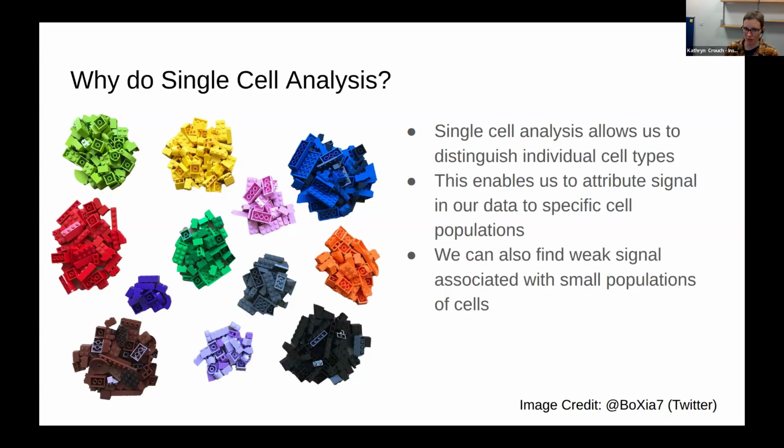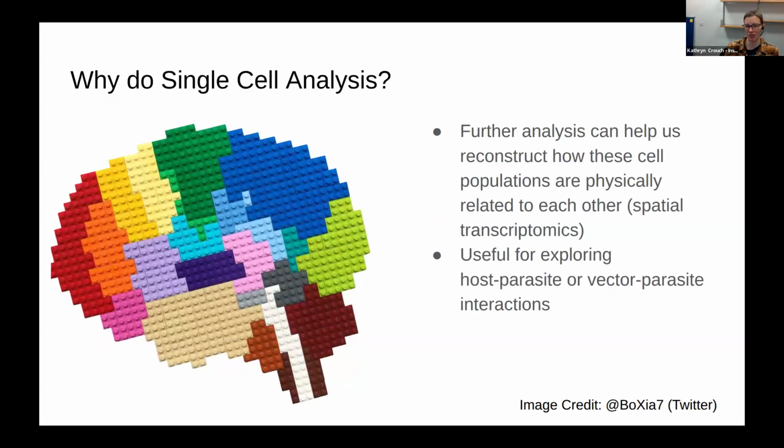So one thing that you may have heard about is spatial transcriptomics. And what that enables us to do is then to reconstruct these cells back into their spatial orientation. So that enables us to then know that this purple set of cells had a distinct signal coming from them, but we can also know where they are in our larger tissue and what other types of cells they're interacting with.